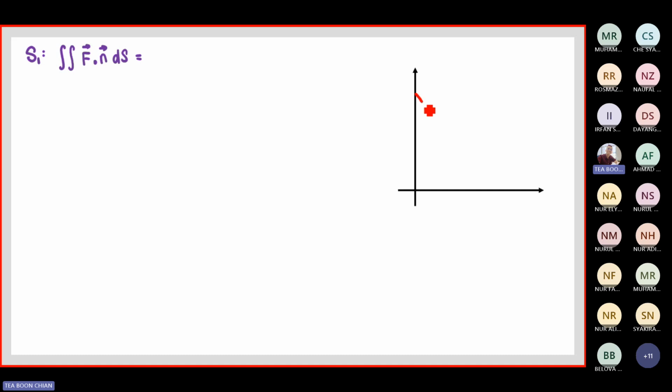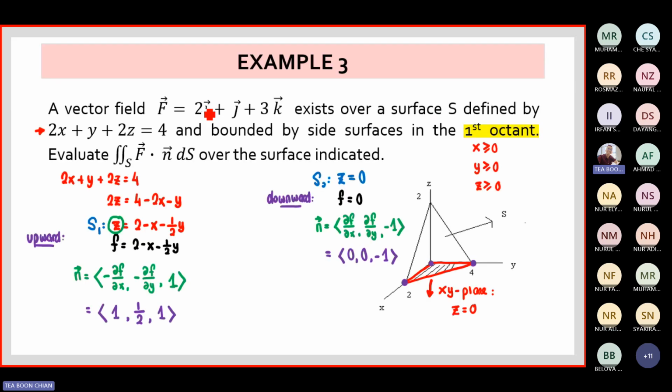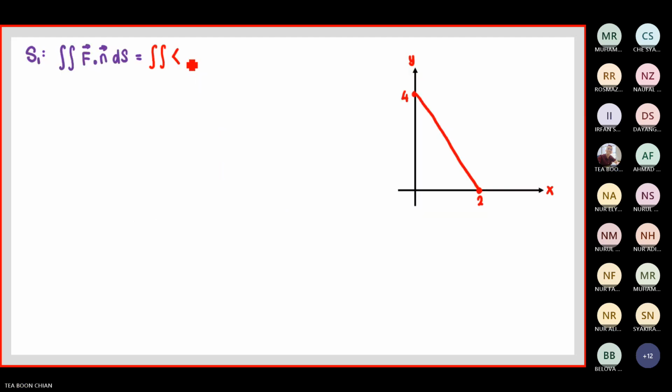So just let me indicate again. This is the triangle that we have. For the x-axis, we have the value 2. For the y-axis, we have the value 4. All right, so double integral. F has the vector 2, 1, and 3: 2 component m, 1 component n, 3 component p. So 2, 1, 3, just constant numbers here.